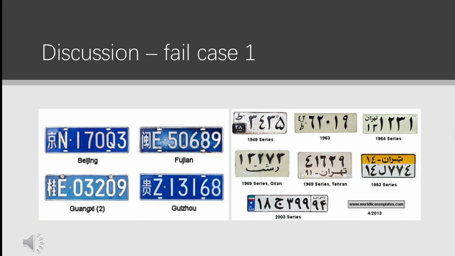To be honest, I don't even know how to read them at all. So my ANPR does not support the license plate in Iran at all. This is a failure case that cannot be resolved so far.